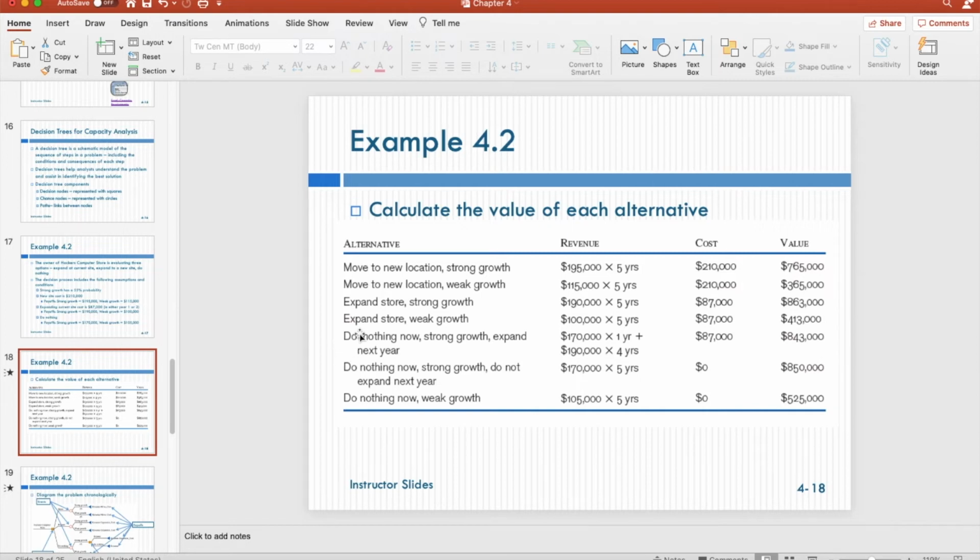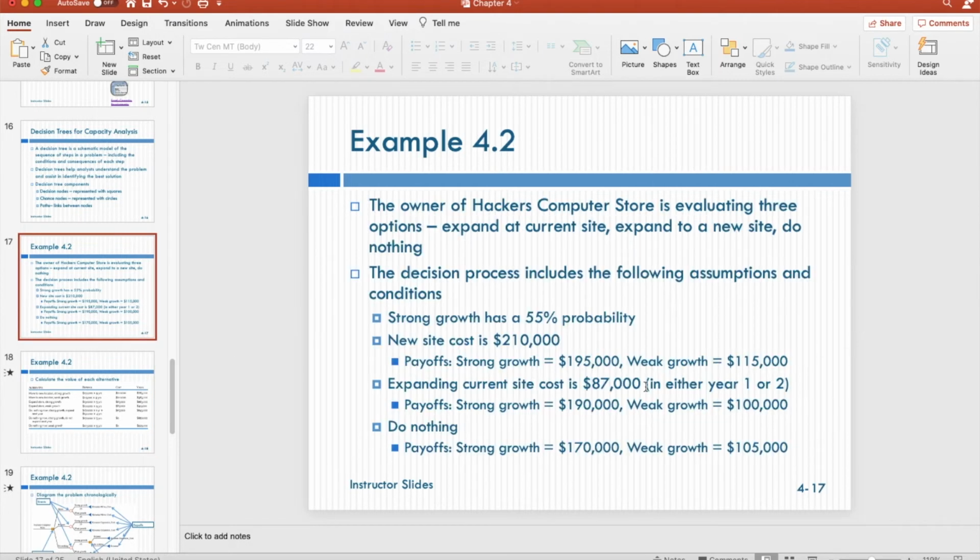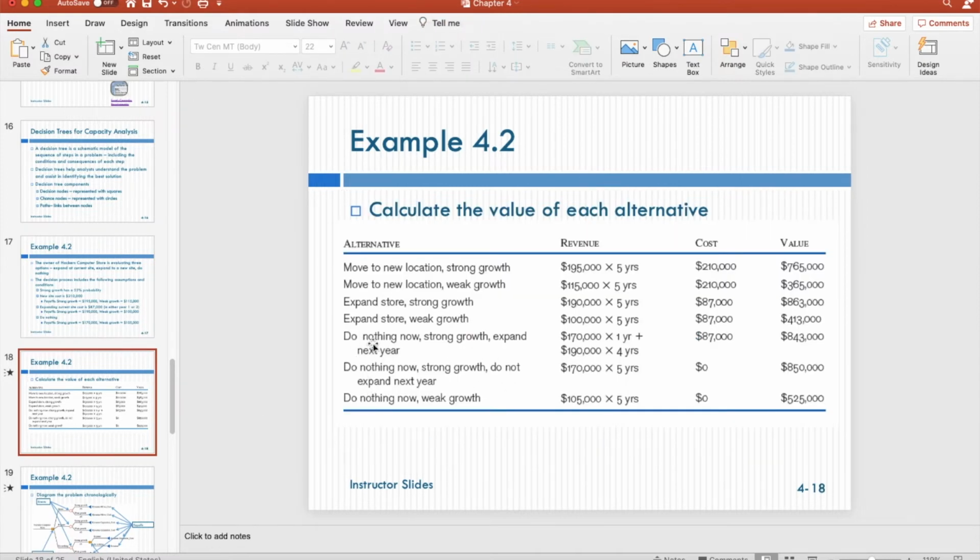Do nothing. But as I show here, you can decide to expand on current site in either year 1 or year 2. What it means? Here we may have 3 different situations. In the first year, you may decide to do nothing because you probably want to see the pattern and decide whether it's okay for us to change our strategy.